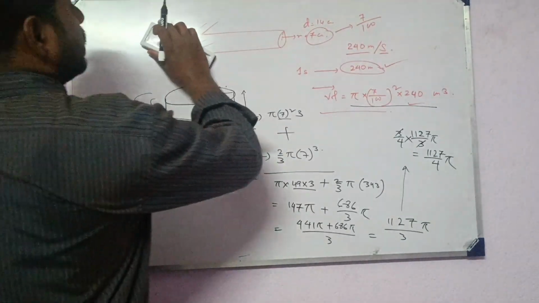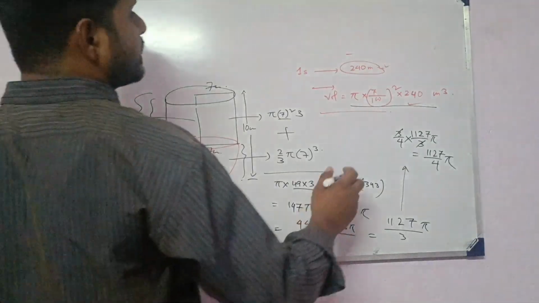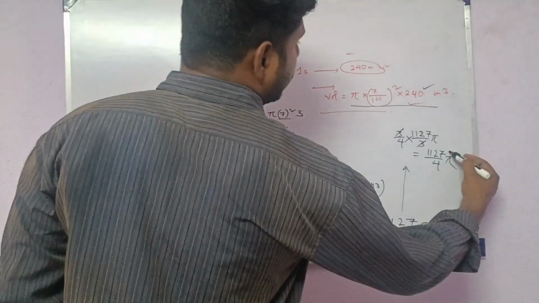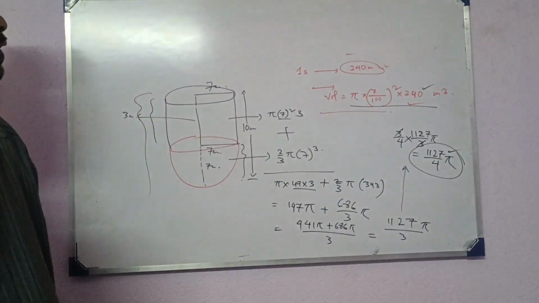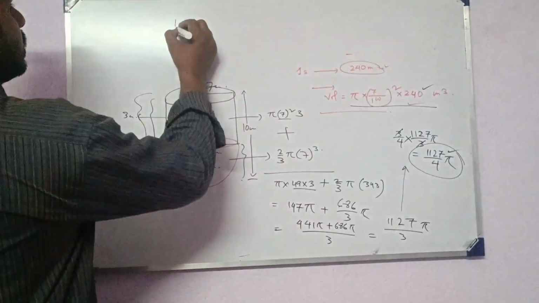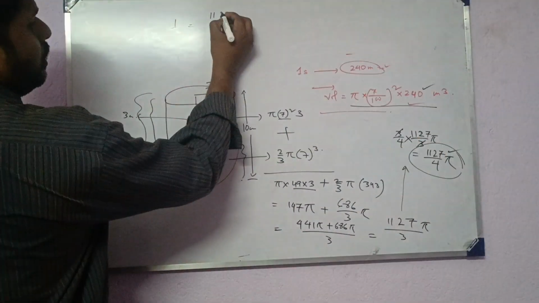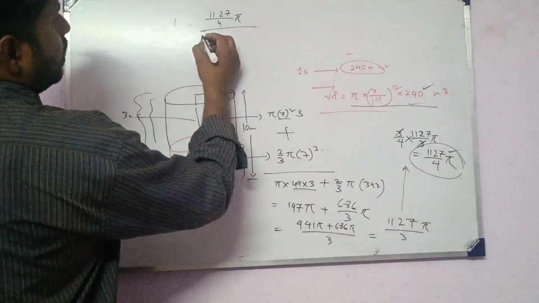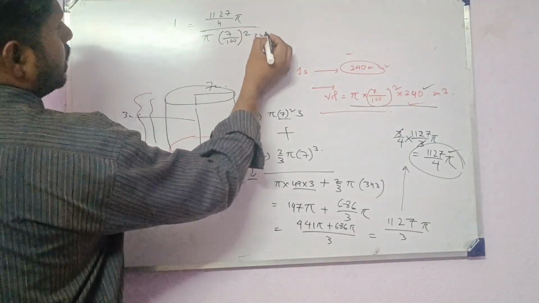If in 1 second it can send this much volume of water, then to send this 1127 by 4 pi volume of water, how many seconds will it take? So simple, the time will be that 1127 by 4 pi, by the unitary method, divided by pi 7 by 100 square into 240.